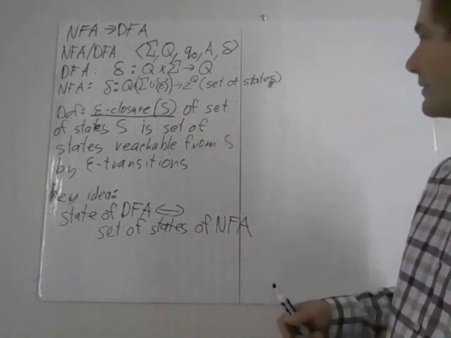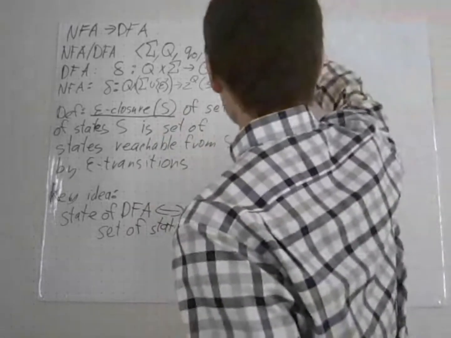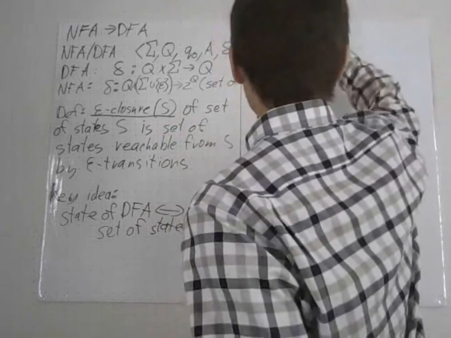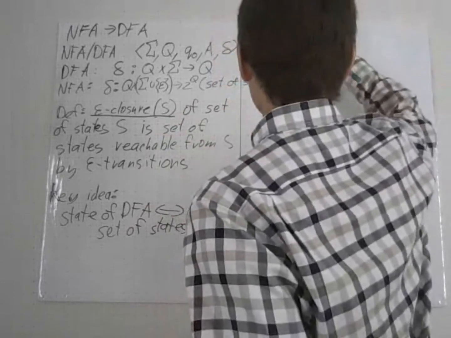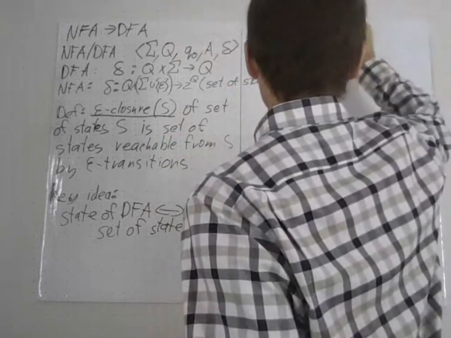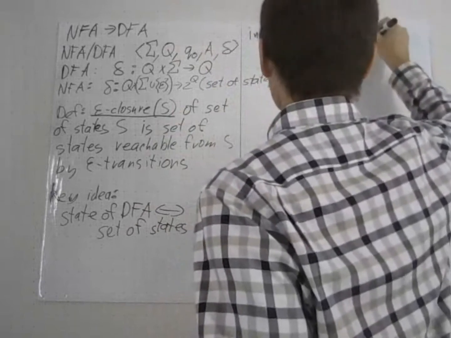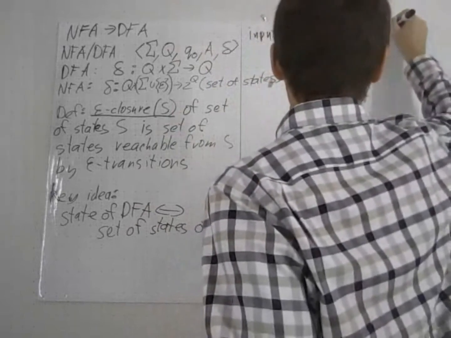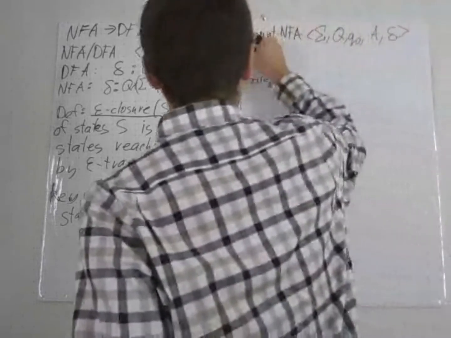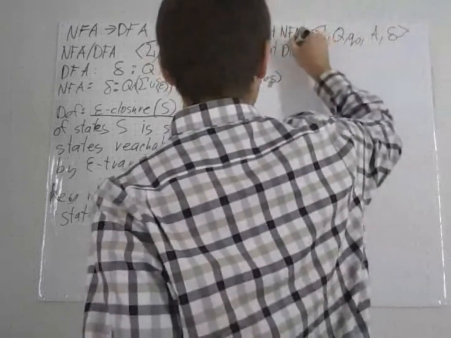So if I call my input NFA, it is going to be this, right? So my alphabet sigma, my states Q, Q0, A, delta, and my output DFA.